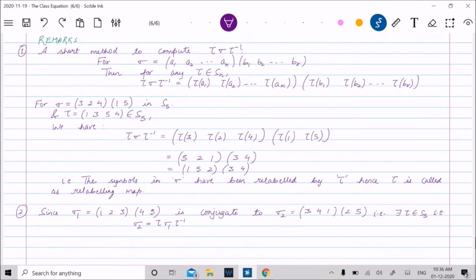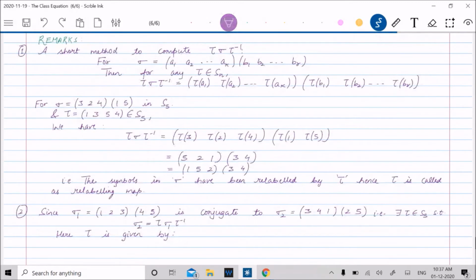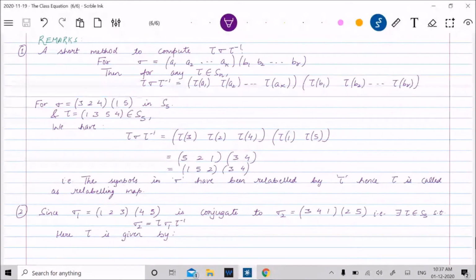So my question is, what is that tau? How will you give that tau? Now this is very important. What is that tau which is actually giving you sigma 2 from sigma 1 by the action of conjugation of tau with sigma 1?